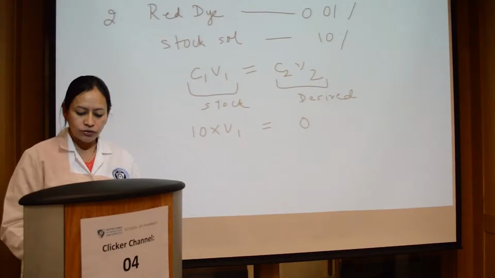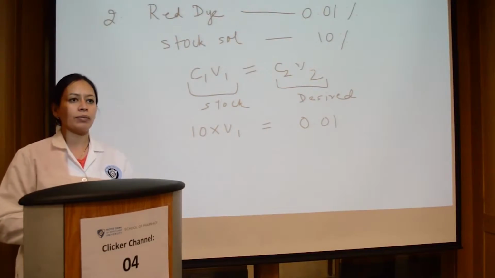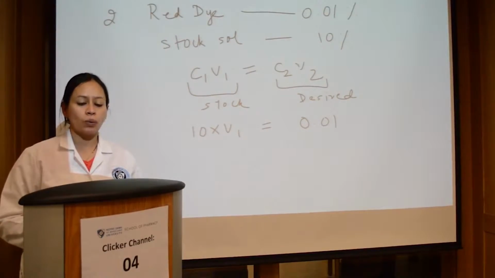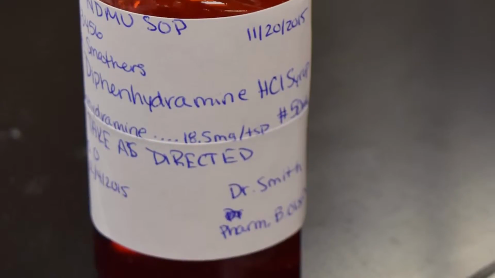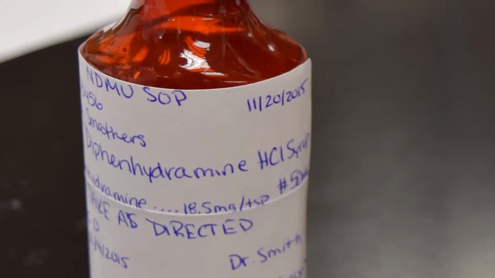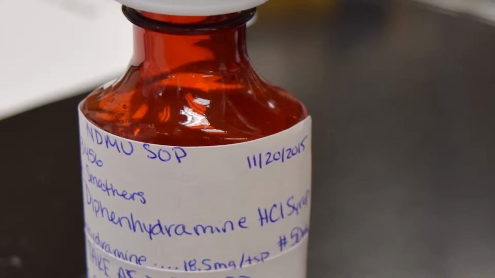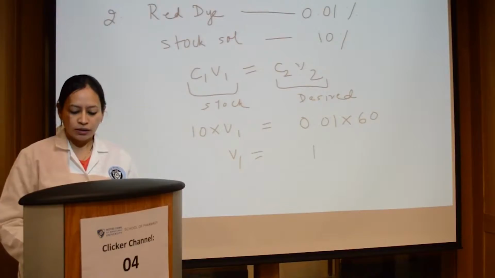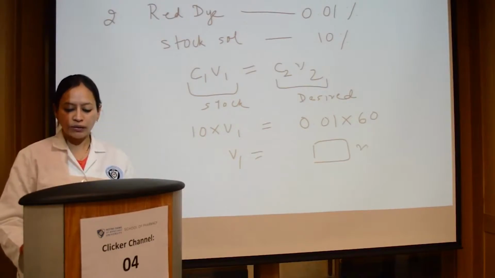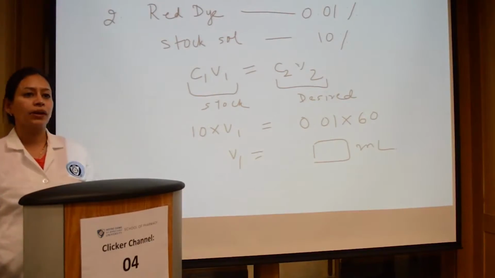C2 is your final concentration in your 60 ml preparation, which is 0.01, and your V2 is the final volume that you're dispensing to the patient, right? So that is 60 milliliters. So V1, you can solve for that, and you get how much? The volume that you get is in milliliters, okay?